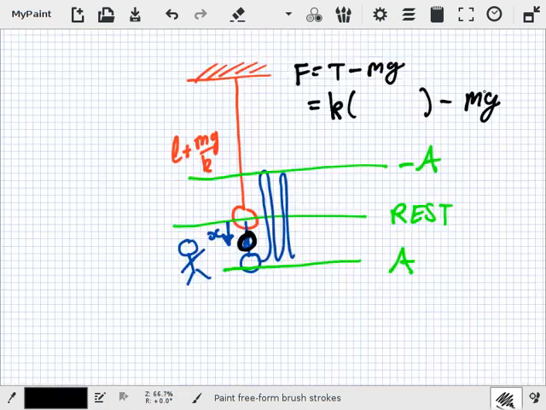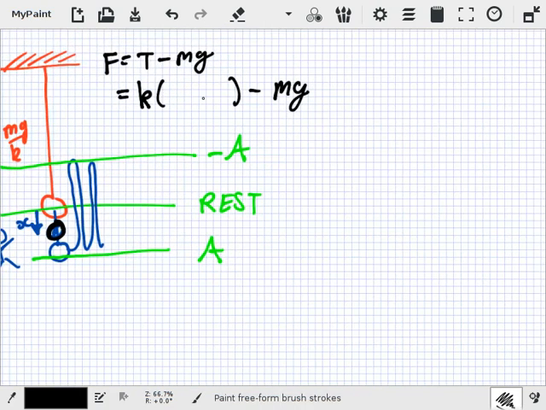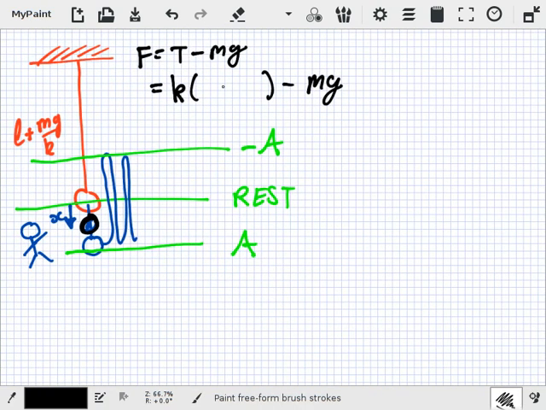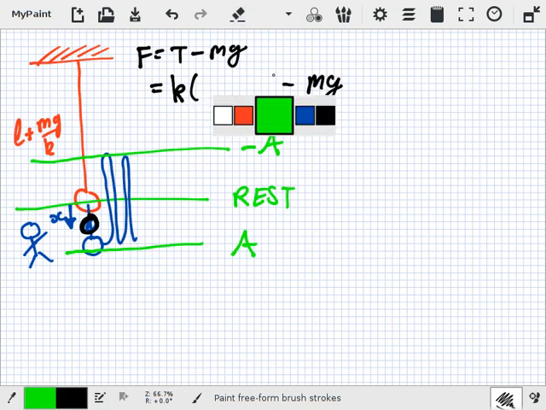Let me just continue over here. I put a space here because we need to work out what the x is. You might think the x is just simply x, but that's not quite it. Remember we said in Hooke's law the x is the extension beyond the natural length.